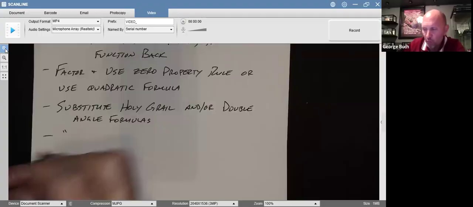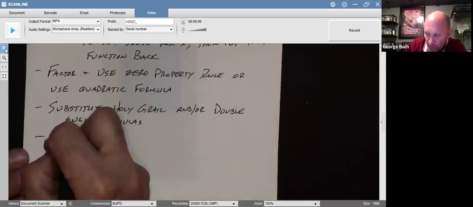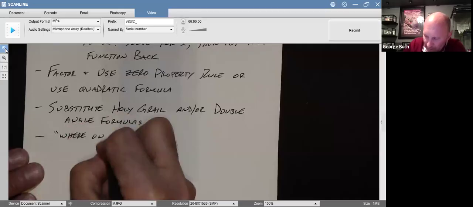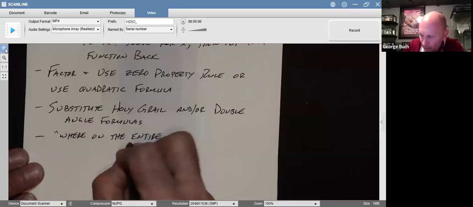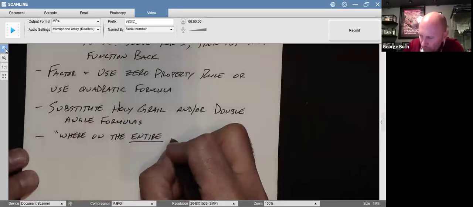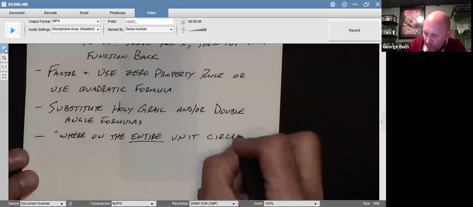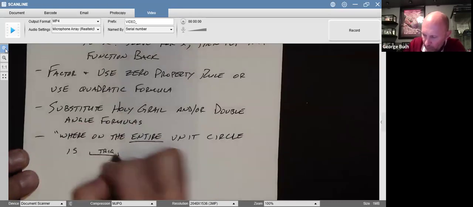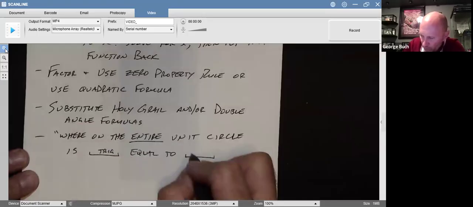When you get to the point where you're at, like cosine of theta is a half, to finish solving these problems, you're going to ask where on the entire unit circle, so not just the top half or right half, is whatever trig function we have equal to whatever value we're given in the problem.